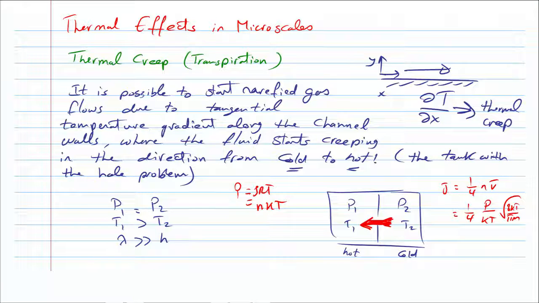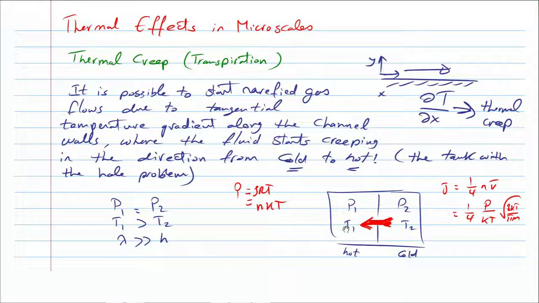So how many will go from tank 2 to tank 1? Quarter N2 V2, where N2 is the number density in this place and V2 would be the velocity of those guys. What's the velocity of those guys? Square root of 8kT2 over pi m, where T2 is the temperature in this place.